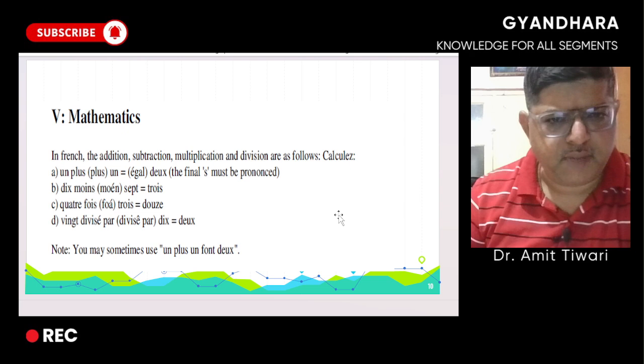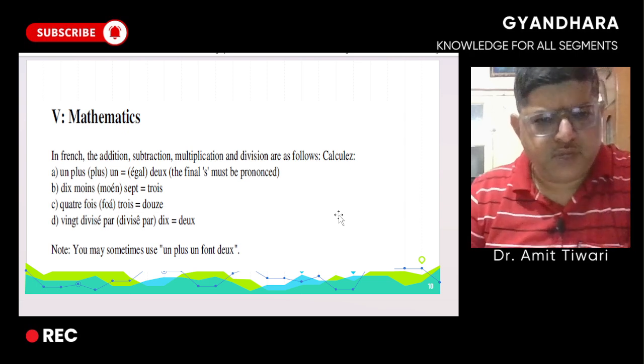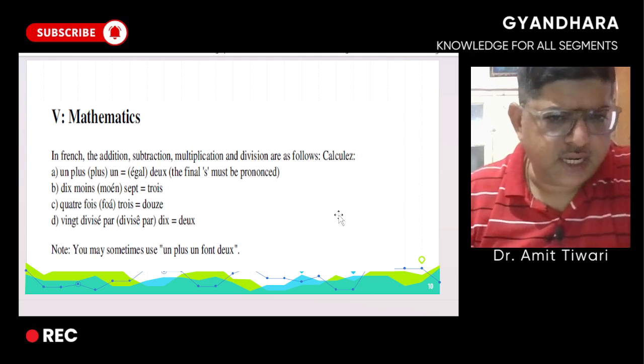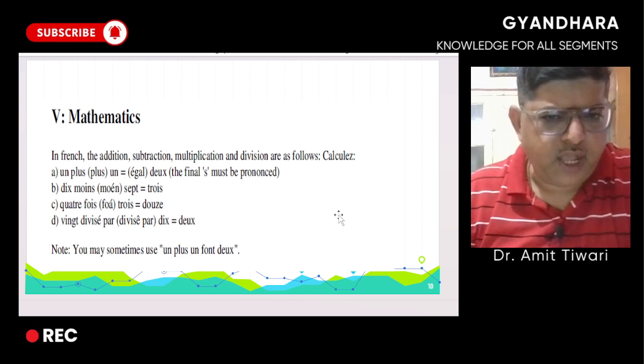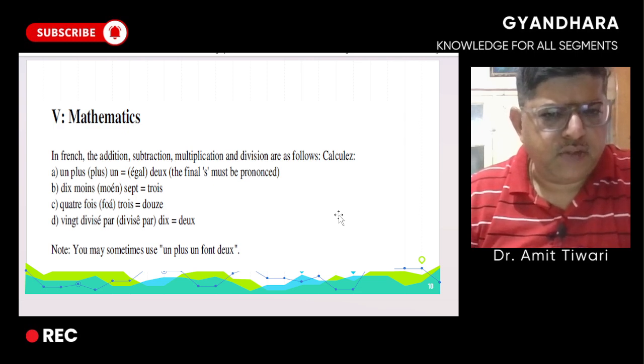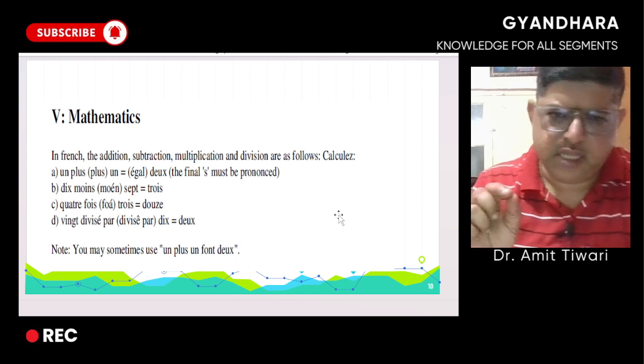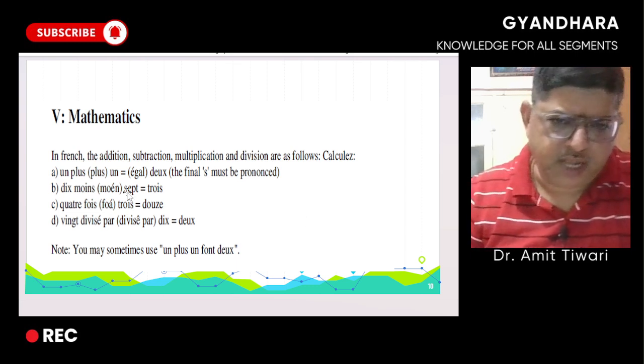So if you are making some other equations which are here, like these, that meant 10 subtract 7, so this will be 3. So this is 20 moins 7 égale, égale is the equals to sign in the language of French.